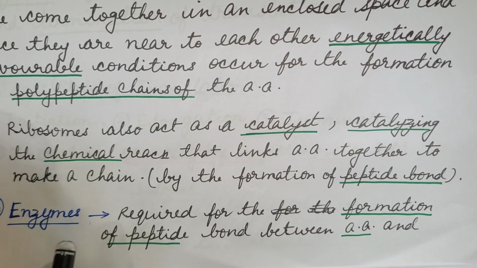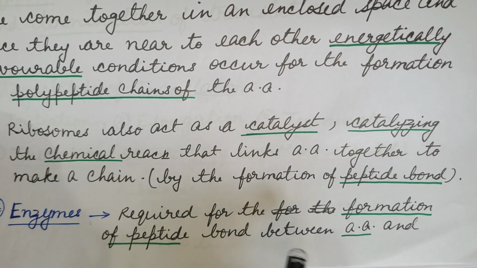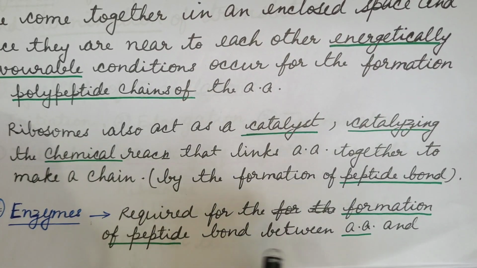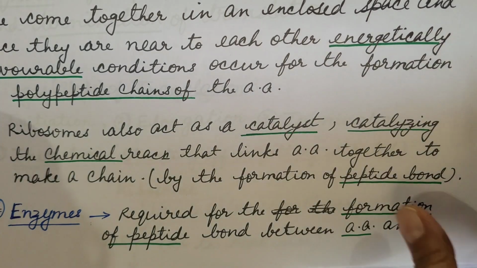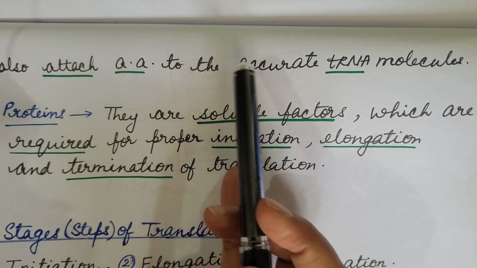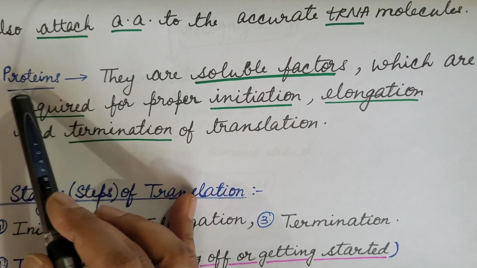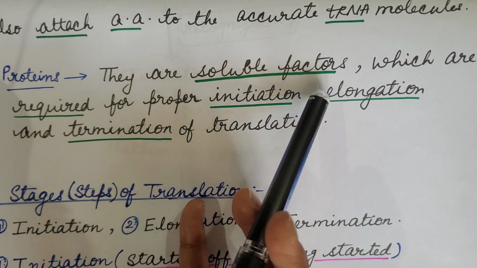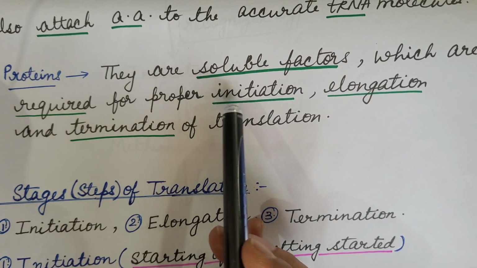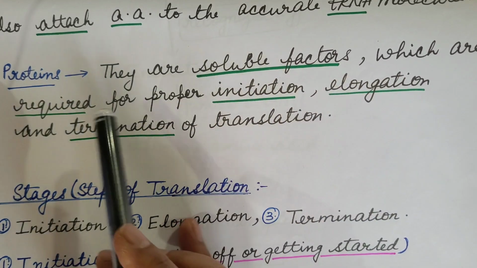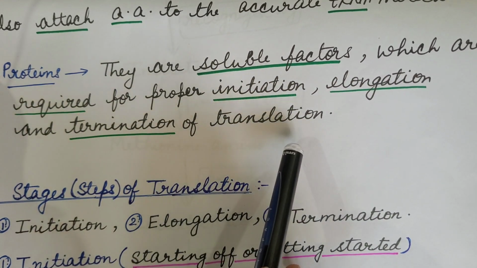Now the fourth is enzymes. These are required for the formation of peptide bond between amino acid and also attach amino acid to the accurate transfer RNA molecules. Fifth is proteins. They are soluble factors which are required for proper initiation, elongation and termination of translation.